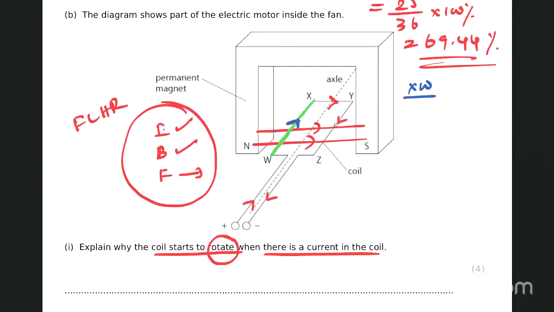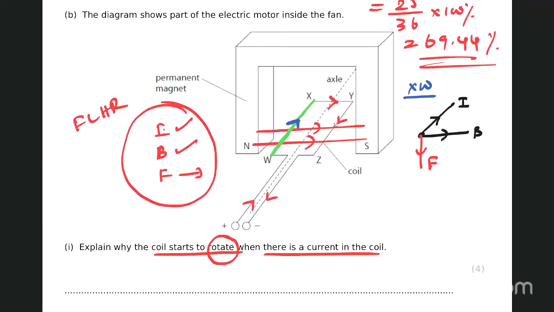The current direction like this, and the magnetic field direction is like this. Now we need to judge what is the direction of the force. So FBI, index finger is the B value, middle finger is the current direction. So the generated force will be downwards like this.